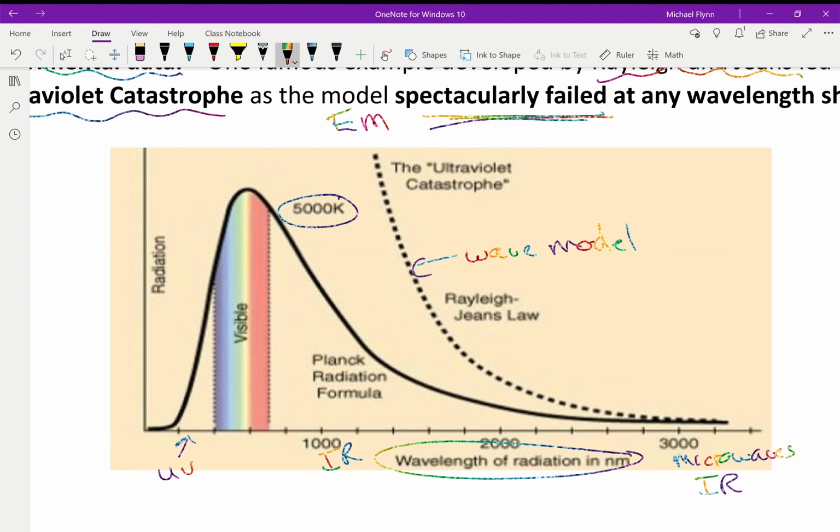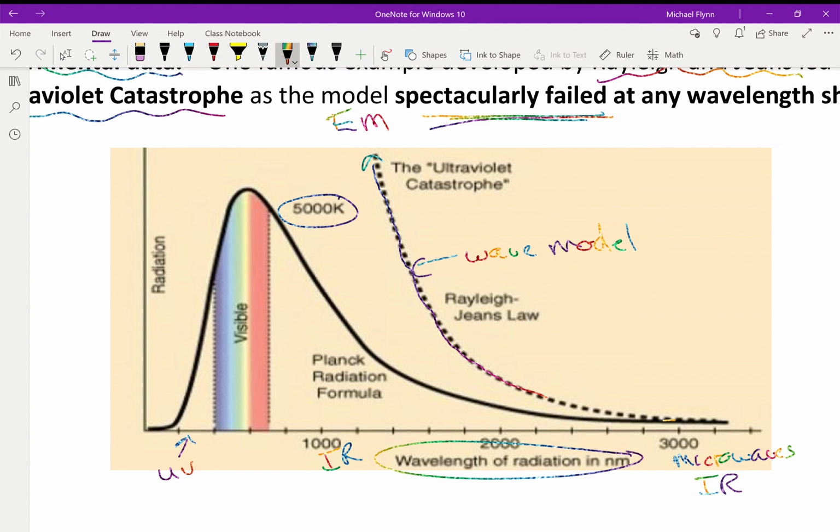In other words, this is going from long wavelengths to short wavelengths. Now what happens is at the beginning, the two curves line up pretty well, but then they start to diverge, and this curve, which is the prediction from the wave model, gets way out of whack and just keeps going up and up and up.